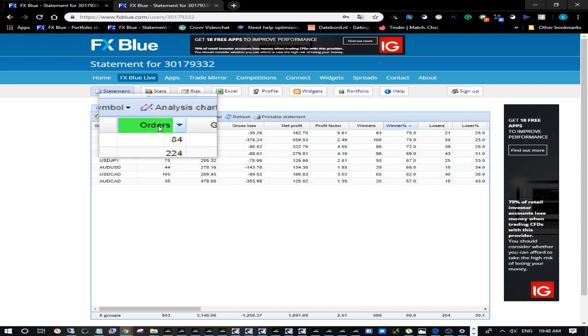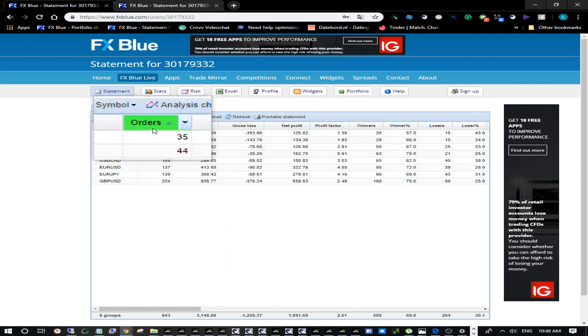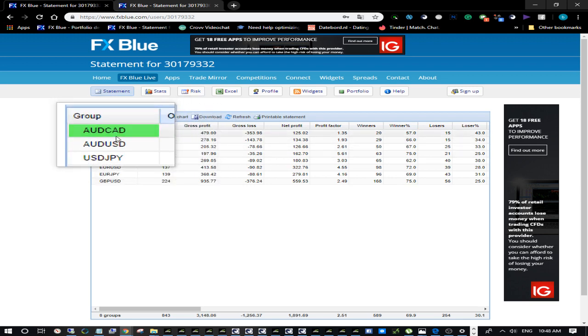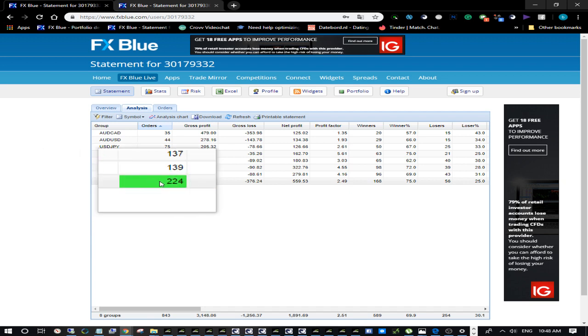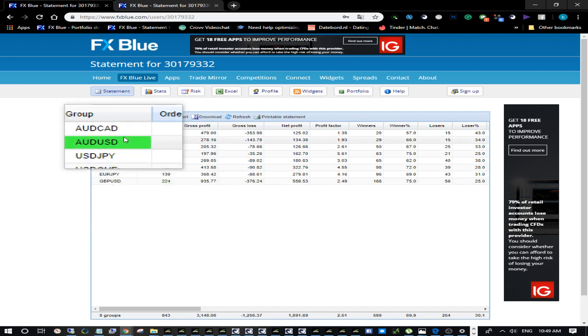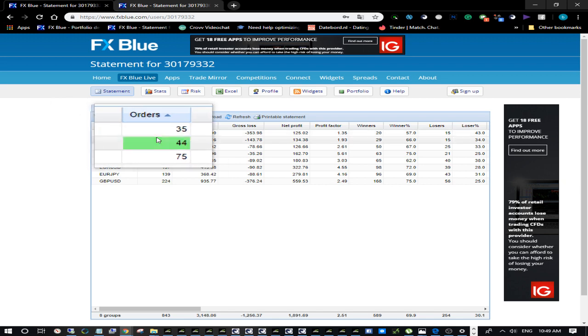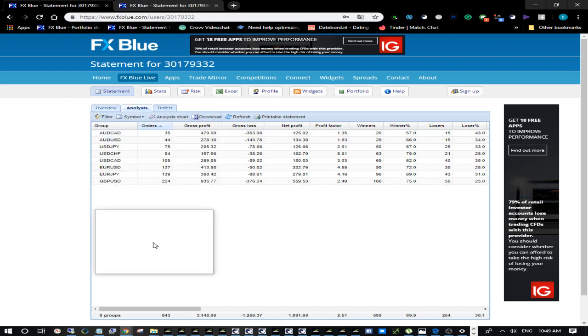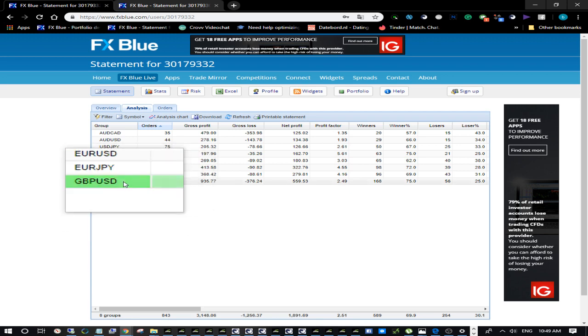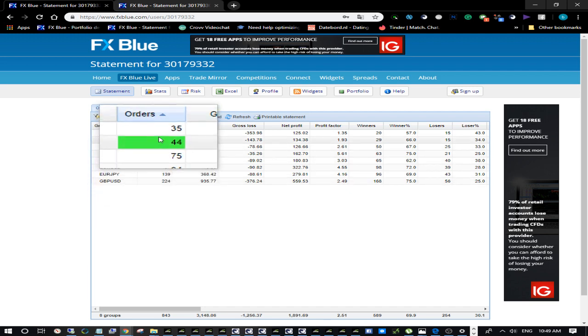Another interesting thing to analyze are the orders, because some pairs, for example the GBP USD, made 24 contracts, while the Australian Canadian dollar just made 35. So we can clearly see that this pair is trading much more often than all of the other pairs.